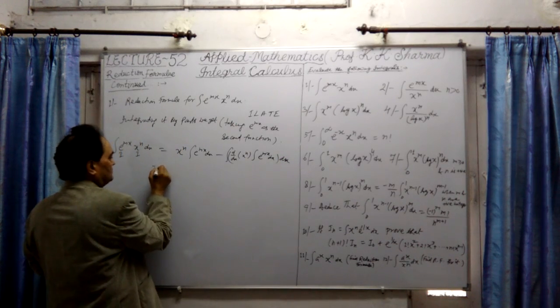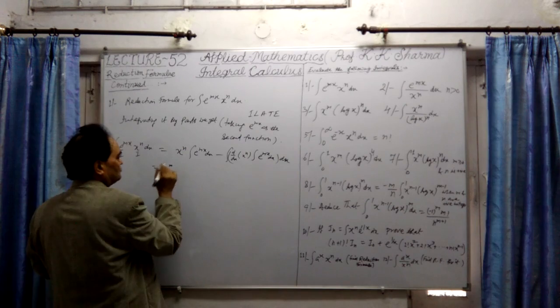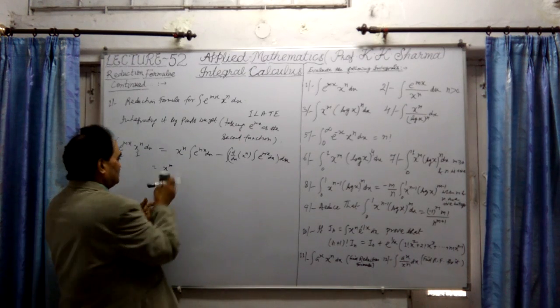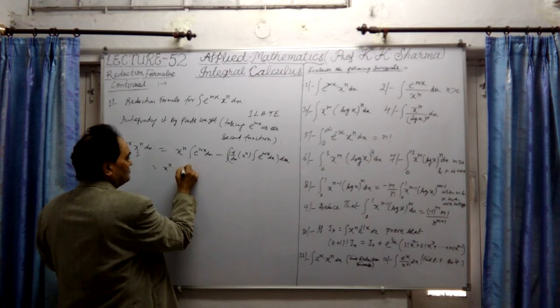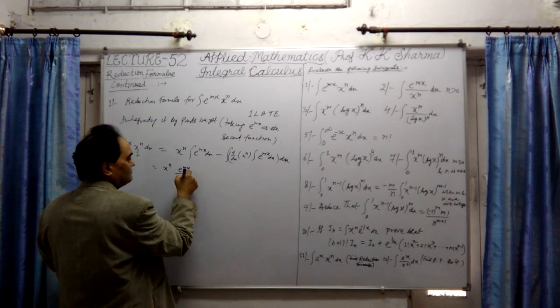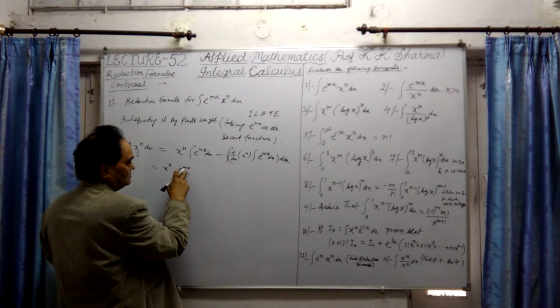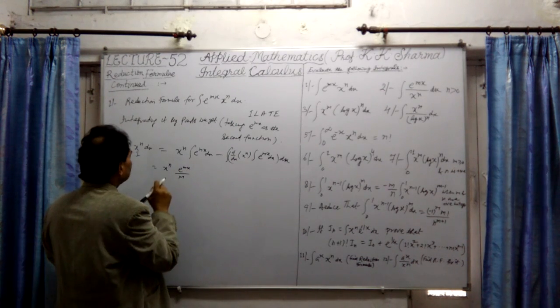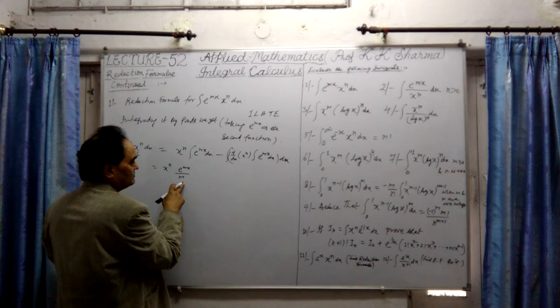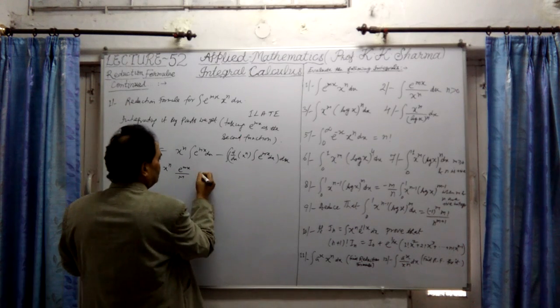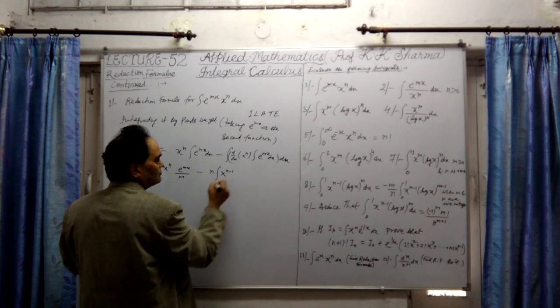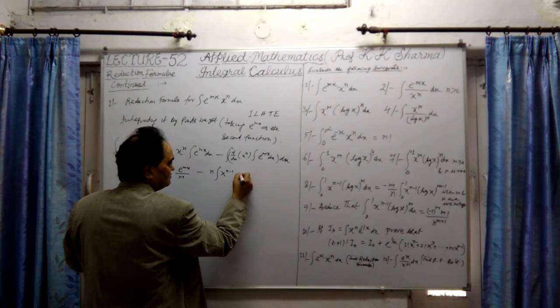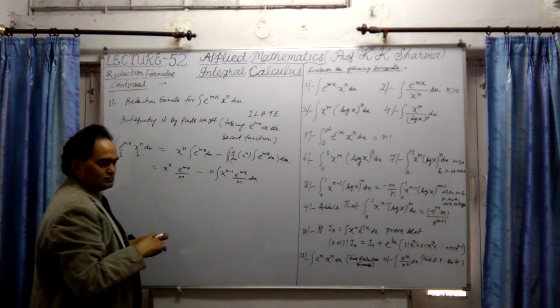This will give us x^n e^(mx)/m, dividing by the multiple of x, minus the integral of n x^(n-1) e^(mx)/m dx.